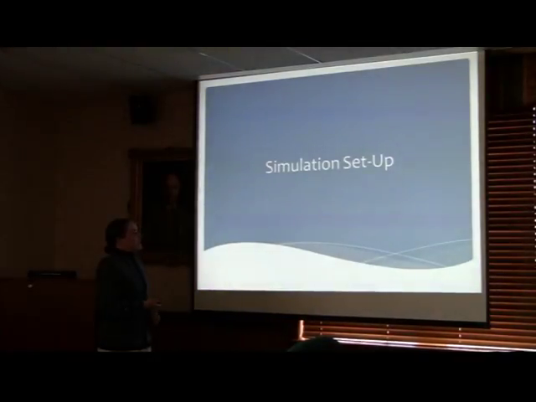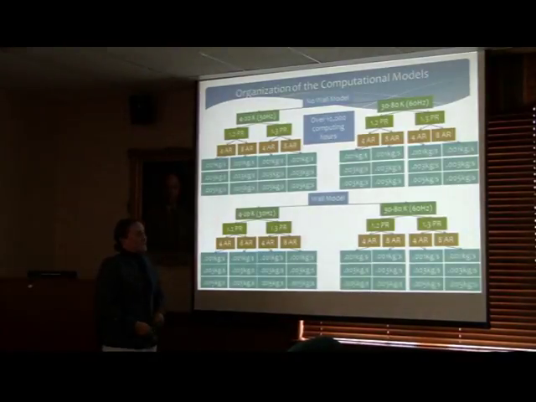So, simulation setup. This is the overall grand scheme of what we did, over 10,000 computational hours on the computer. And this just helps you understand the scope of this project. So we did a no-wall model at different temperatures with different pressure ratios, different aspect ratios, and then mass flow at the inlet, all 3 of them.